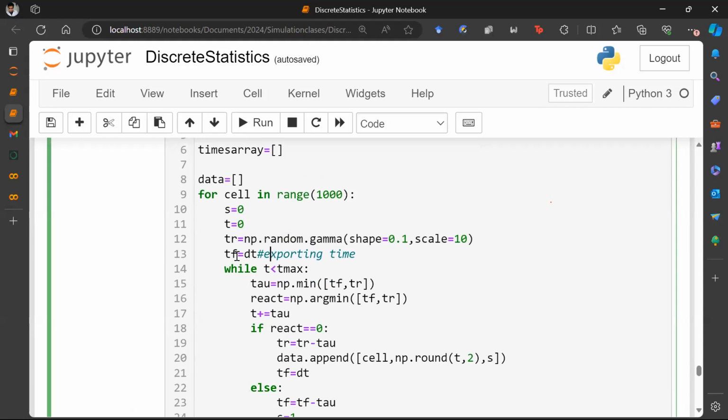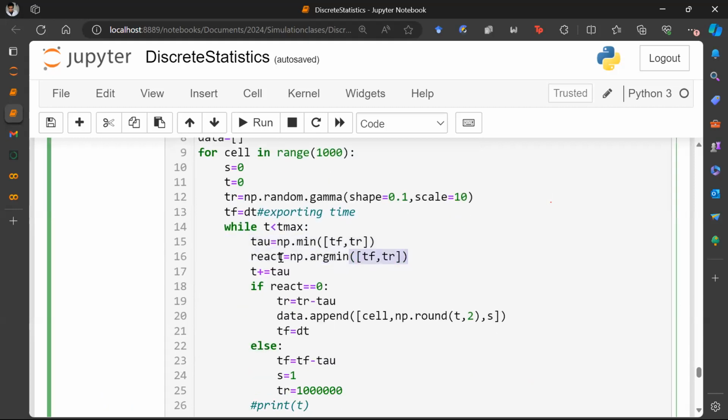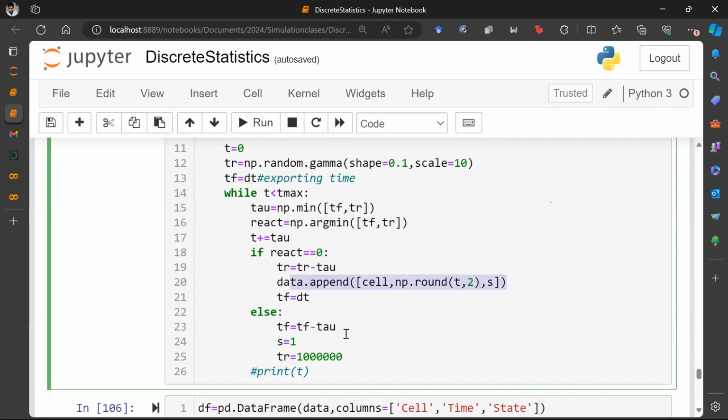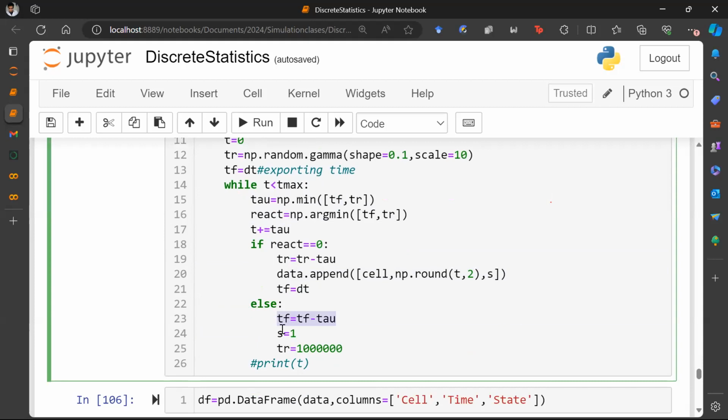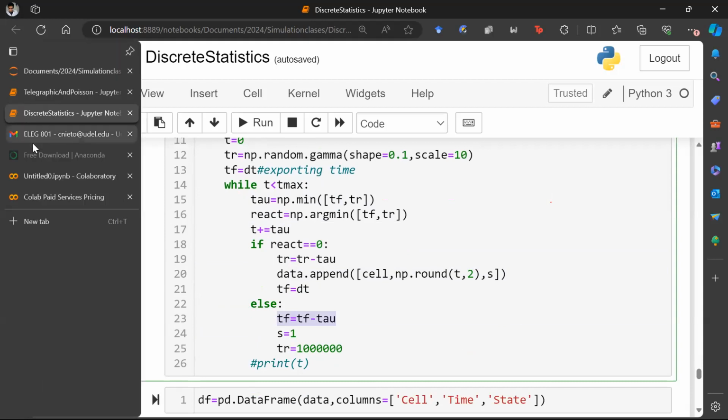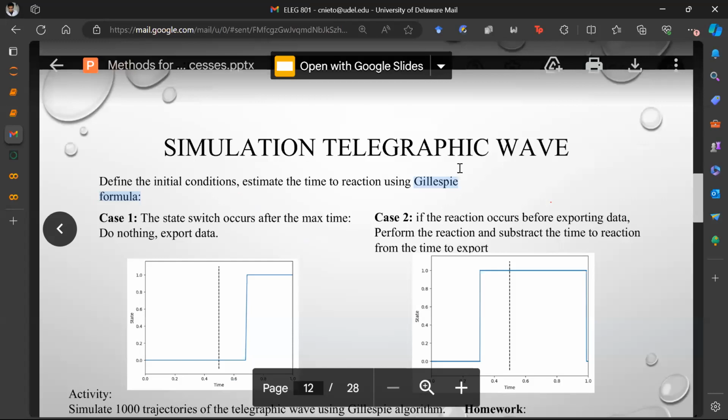So again, I have time to reaction and time to export. I take the minimum, and depending on which it is, if it's the reaction, I subtract the time to reaction from the time to export. And if the minimum is the time to export, I subtract it from the time to reaction.